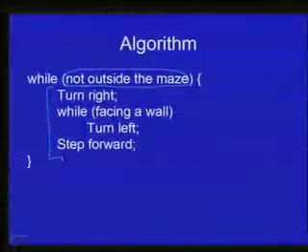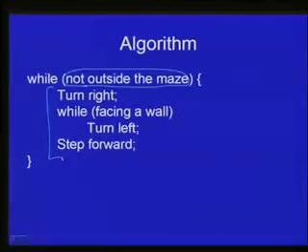Note that you can't turn left more than 4 times, because then you will be facing in the original direction, and if you had come to a particular point from some direction, then there is at least one way to move from the current point, which is to go back in the direction from which we had come. So when this loop terminates, then step forward in the current direction.